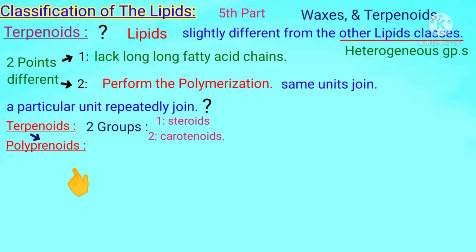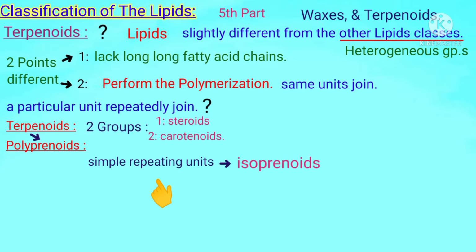Dear students, if we see the terpenoids chemically, then we can say that these are very, very important groups. All of the lipid groups are important, but that we have already studied. But why are we giving more importance to the terpenoids? Let's see. Students, terpenoids are made up of simple repeating units that are called isoprenoids.